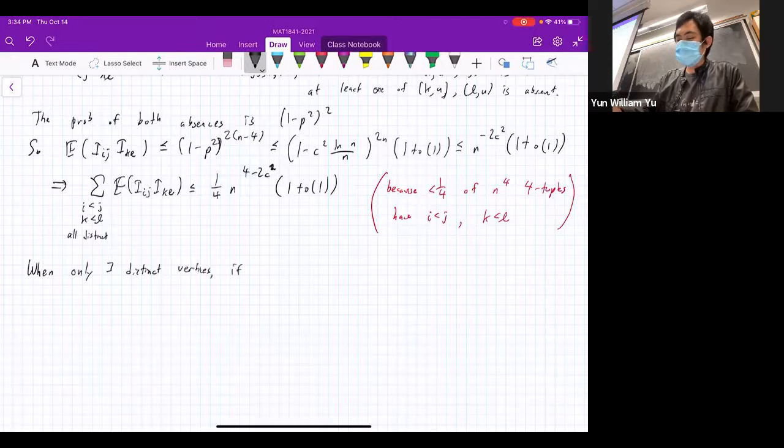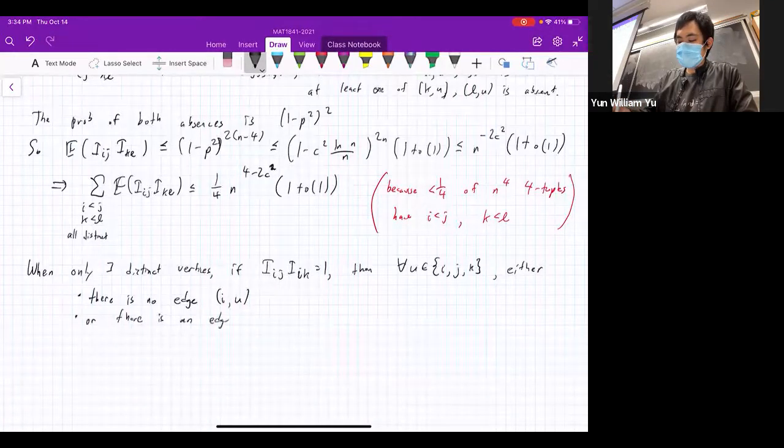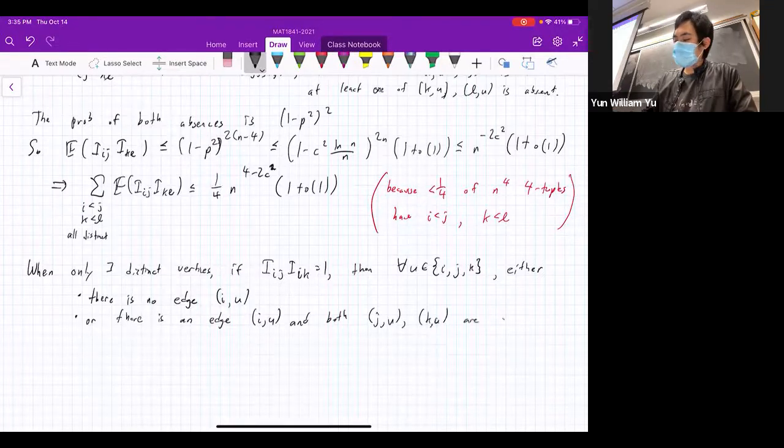Well, if there are only 3 distinct vertices, if I_ij I_ik is equal to 1, well then you know that for all u not in the set ijk, either there is no edge iu, or there is an edge iu, and both ju and ku are absent.